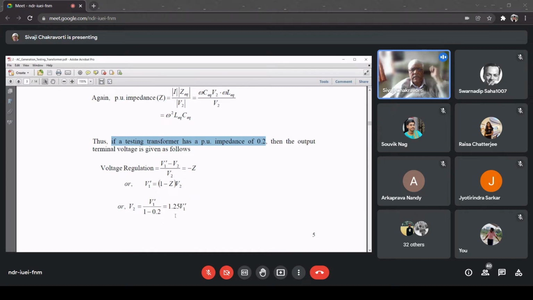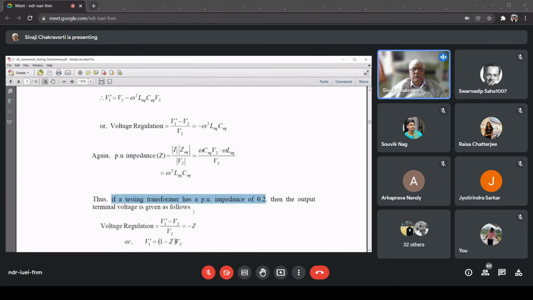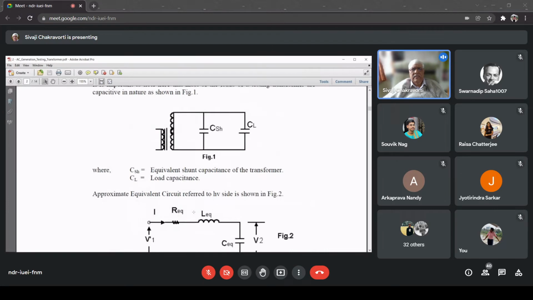than V1 prime. Now, this is very interesting because see, if we just perform the test in this way, like I will show here. See, for example, we know the turns ratio of this transformer, and then if I apply a voltage X on the low voltage side and multiply it by turns ratio, we get a high voltage.